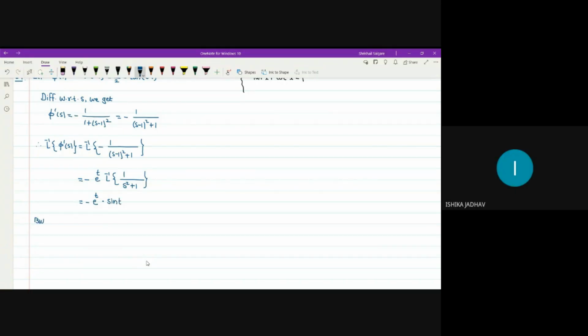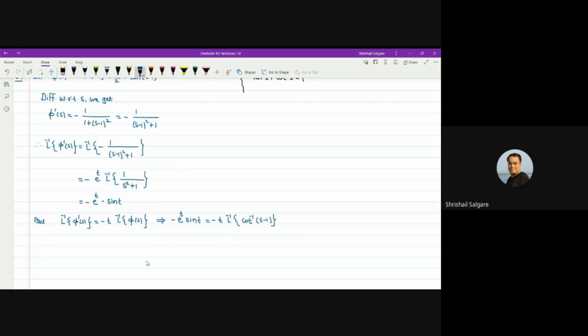Yes, sir. We know that L inverse of phi dash s is minus t into L inverse of phi of s. And in this result, if you substitute the values, then this is minus e to the power t into sine t equal to minus t into L inverse of cot inverse of (s minus 1).